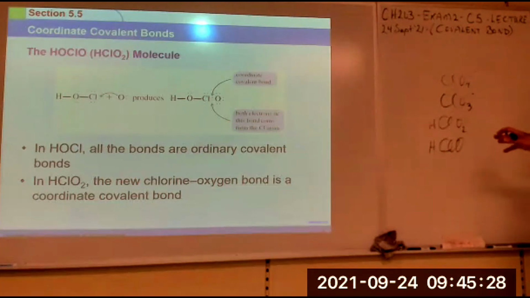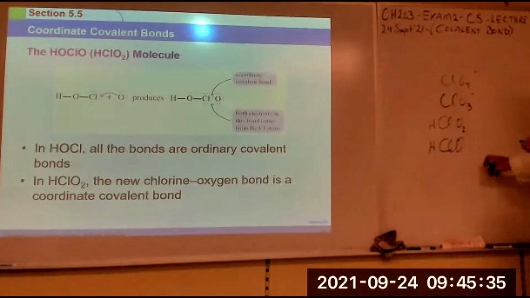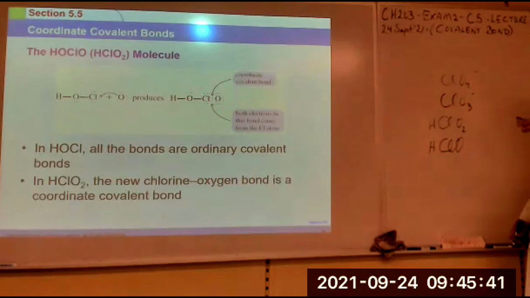It didn't lose anything by forming that bond. Okay, that's a coordinate covalent bond that was formed here. But after you reach this point, there's no way to tell. The only way you know it's coordinate is if you assume that we made it this way to do that.